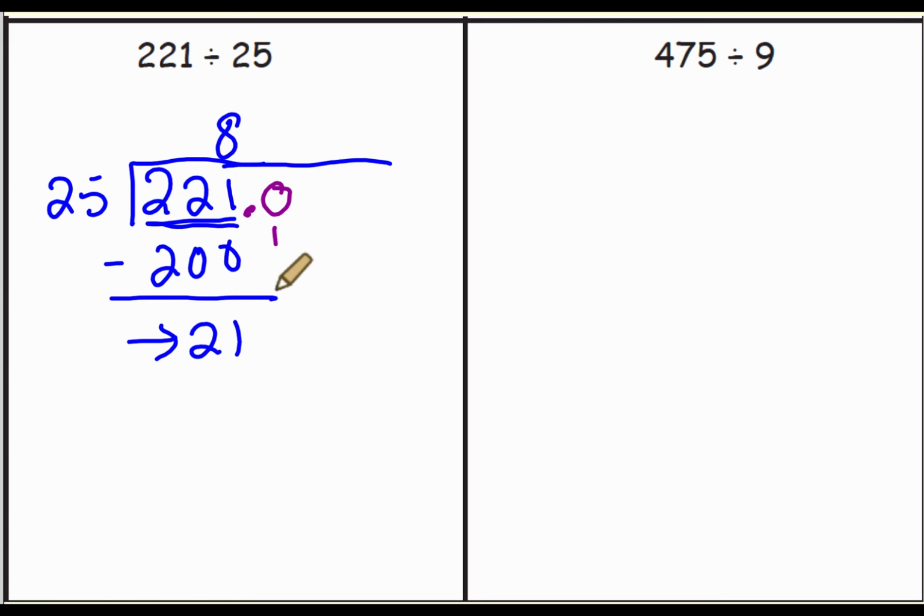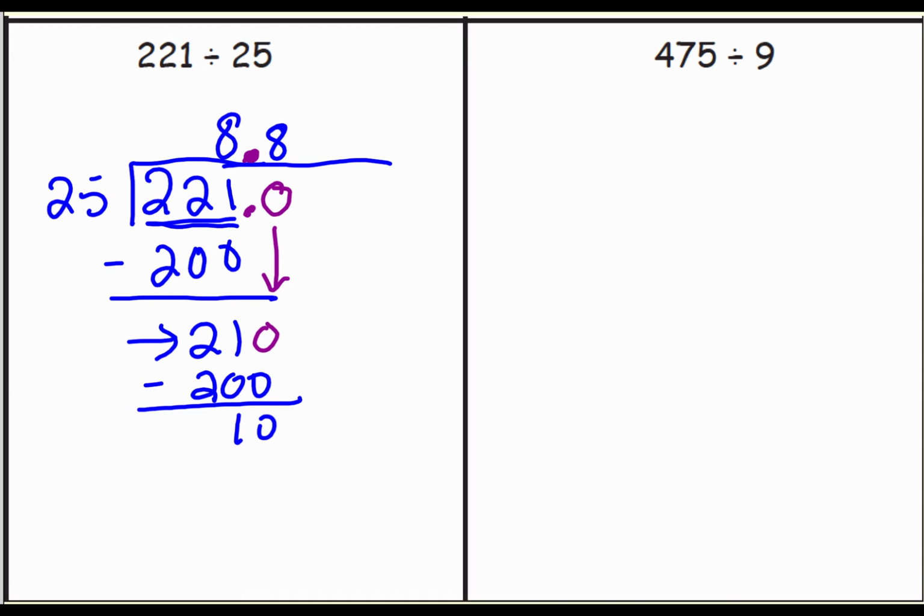So I bring down a 0, and in my quotient, I copy the location of that decimal point. So now 210 is what I'm trying to figure out. How many times does 25 go into 210? It goes in 8 times. 8 times 25 is 200. When I subtract, I have 10.